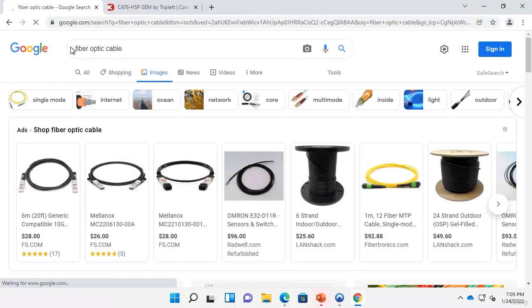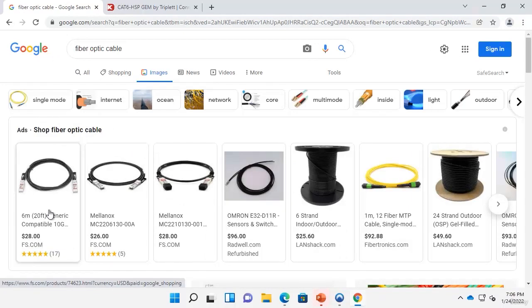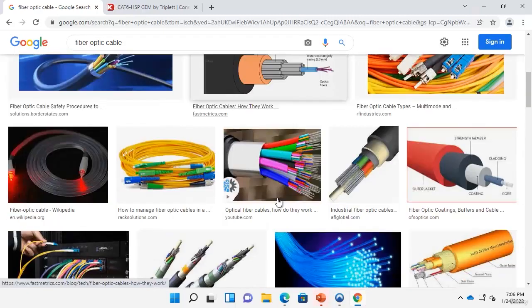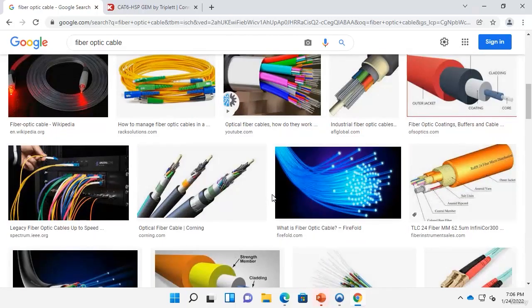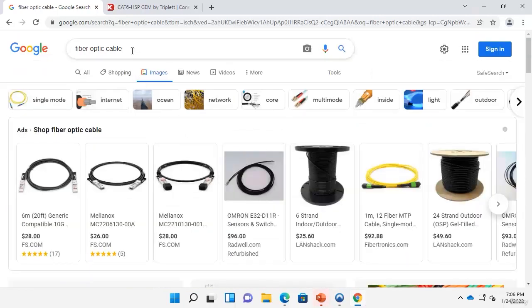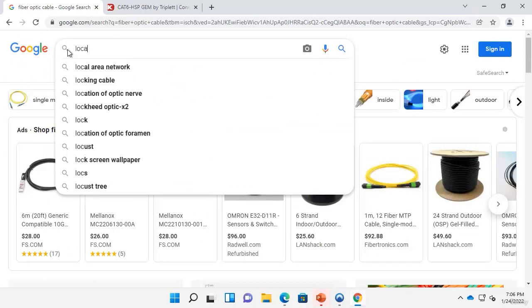If you look for that, you're just going to get pictures of actual cables. You can find graphics that describe exactly how that's going to work. I would suggest that we search for individual connector types, okay? So let's do that. We'll start with the local connector.